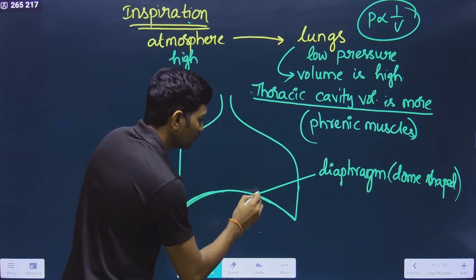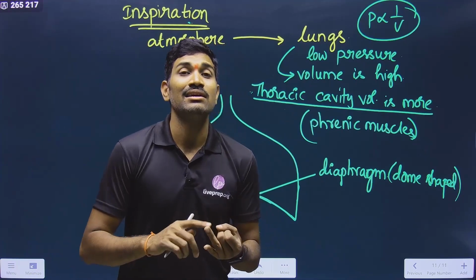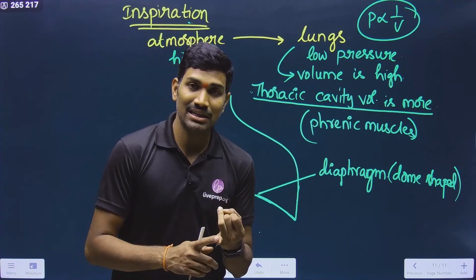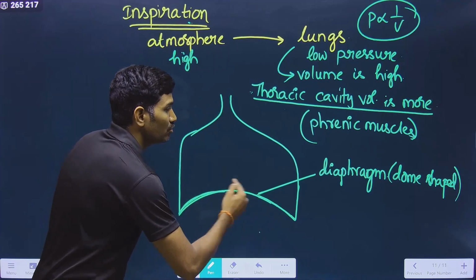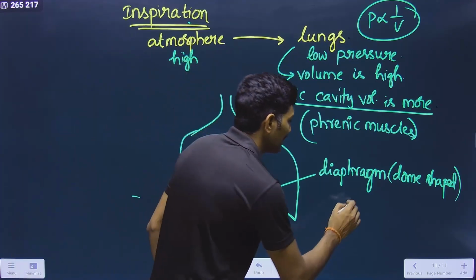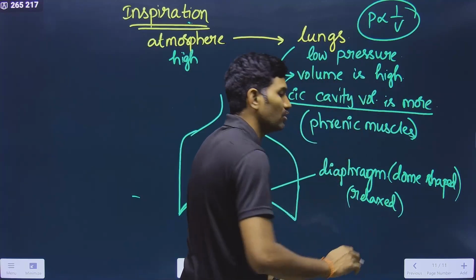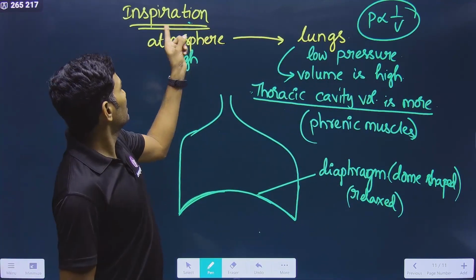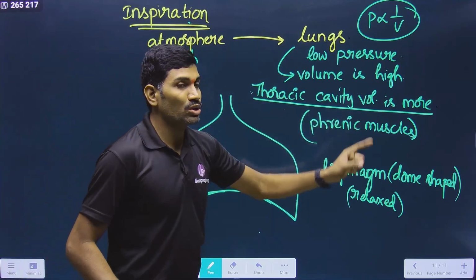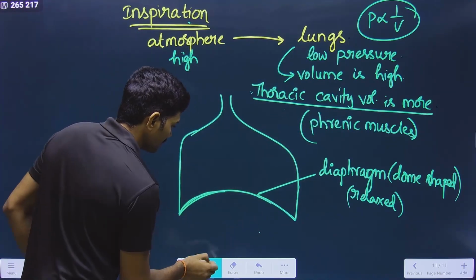Now let's see. Muscles will be in 2 states: relaxed state, contracted state. When it is in the relaxed state, it is dome shaped. But during inspiration, since thoracic cavity volume should be increased, how will you increase the volume of the thoracic cavity?